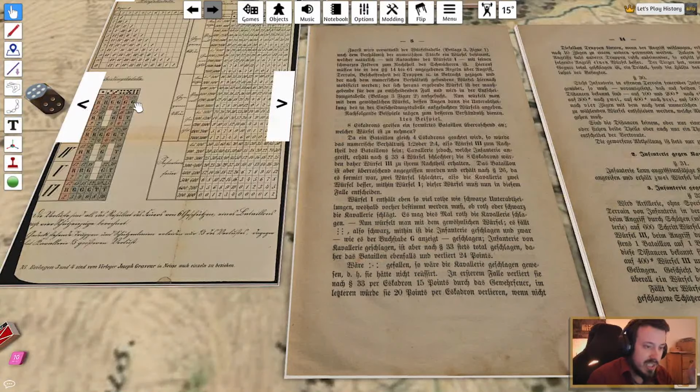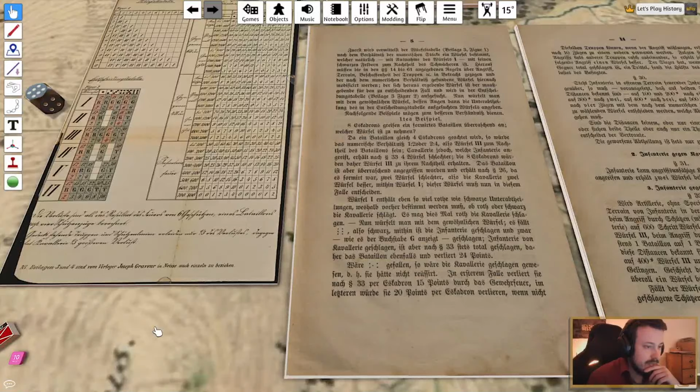However, because infantry got beaten by cavalry, this beaten result is transformed into a completely beaten, and the battalion will lose the 24 points indicated on top here.